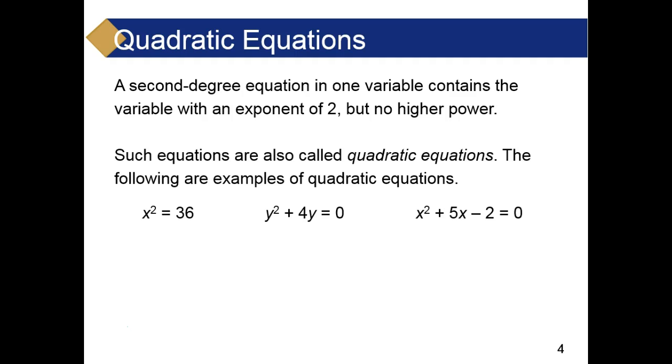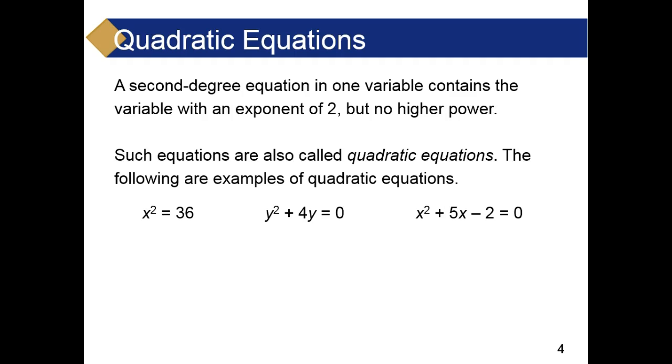Now, if we were to solve this, the best idea is to subtract 36 from both sides and then factor it. This one, definitely factor, greatest common factor. This one, you can try to factor all day long. You'll never get that to factor.